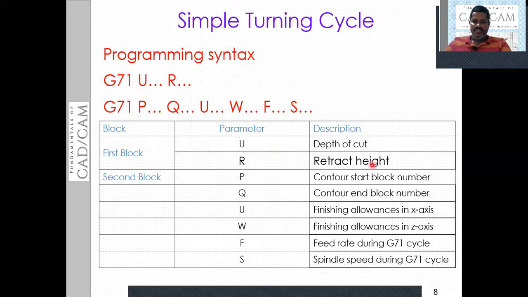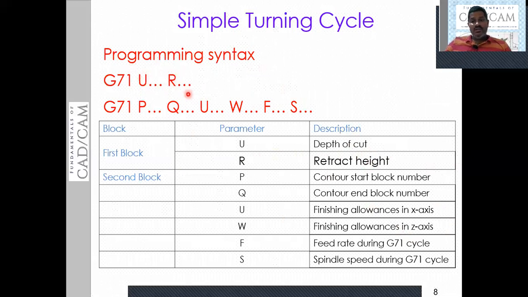What are the parameters used in a simple turning cycle? G71 U is the depth of cut that we have discussed, how the tool will take the depth of cut for each pass, along with the example in the previous slide.